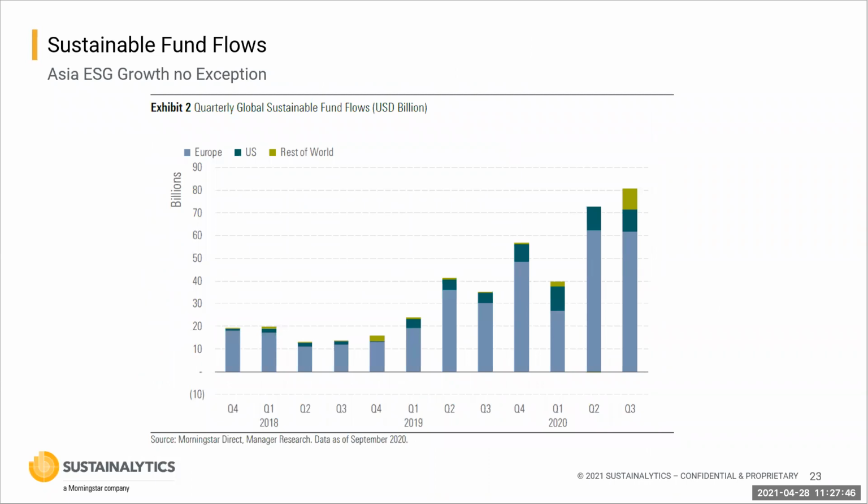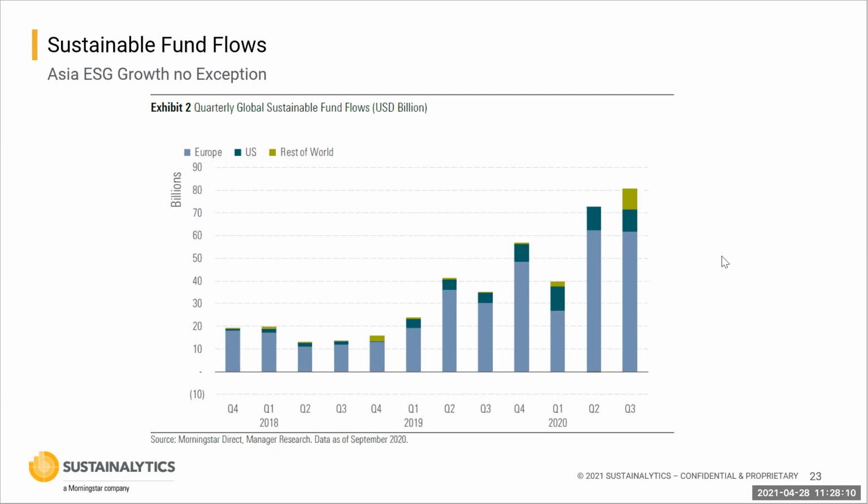To conclude, I wanted to show you this slide on sustainable funds flow. Here you see some significant jumps in flows, and a large jump in the rest of the world, where Asia dominates this little green tab.